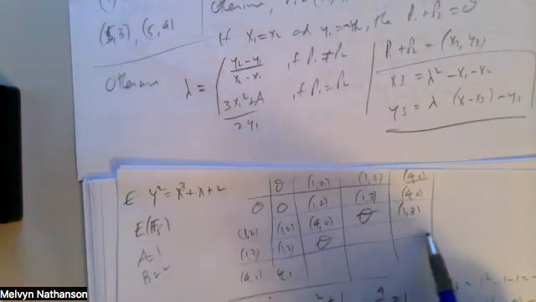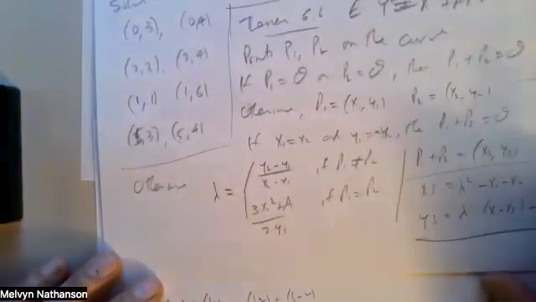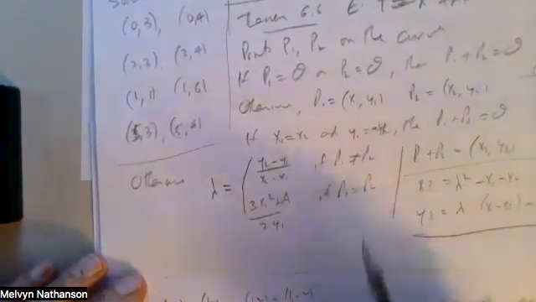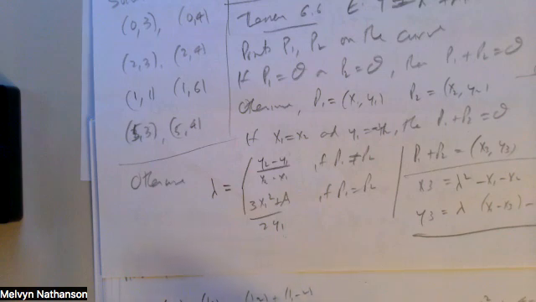(1, 3) plus (1, 3). So again, when P1 equals P2, lambda is 3 times 1 squared plus A, which is 1, over 2 times y1, 2 times 3. Let's see if this is right. 3 times 1 plus 1, this is 4 over 6. 6 is the same as 1 mod 5, so lambda is 4.